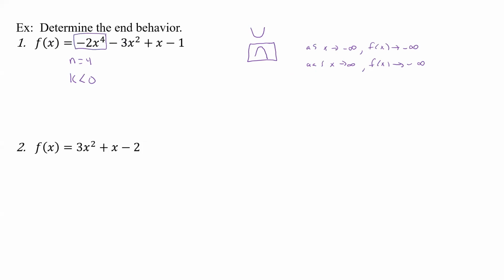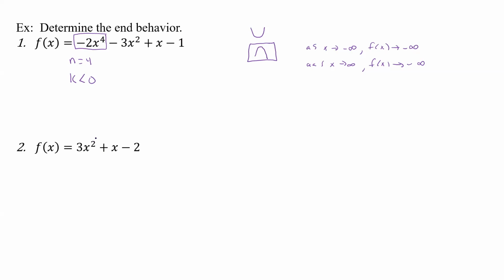Now you have to be careful sometimes. They'll put the polynomial in a funny order and it won't always be in general form. It may be, they could have put -3x squared, then minus 2x to the fourth, minus 1 plus x, and you'd have to rewrite it in the right form, and then you could find your leading term very easily.